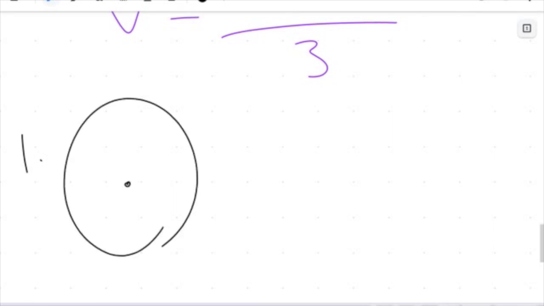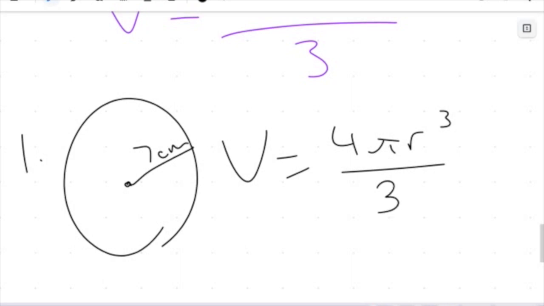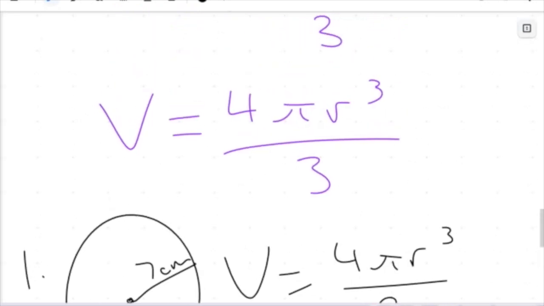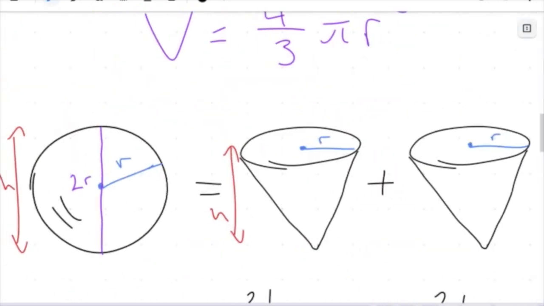Okay, so we want to find the volume of a sphere with radius 7 centimeters. Well, now it's just a matter of substituting the important bits into our equation. So we know the volume of a sphere is going to be 4 pi r cubed over 3, just like we established here and here.